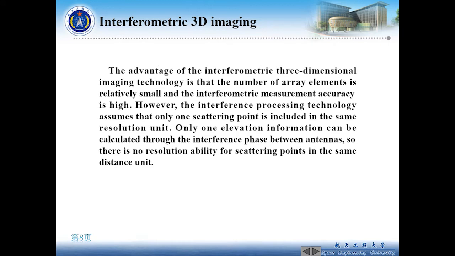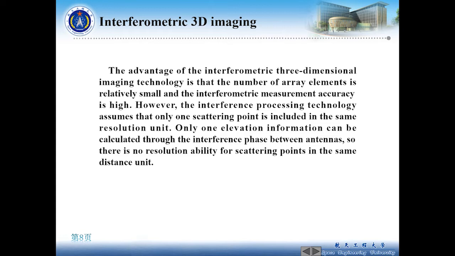The advantage of interferometric three-dimensional imaging technology is that the number of array elements is relatively small and the measurement accuracy is high.